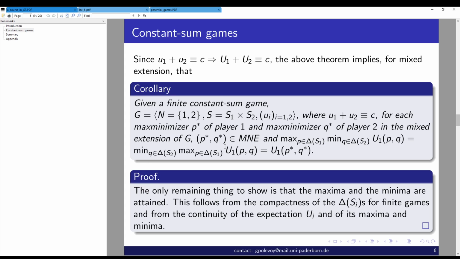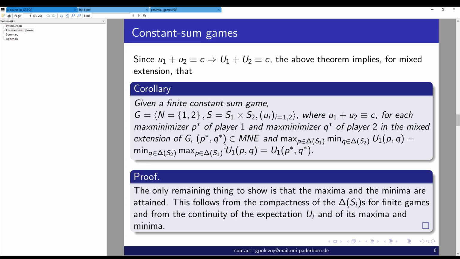Since a constant sum game is necessarily also constant sum with the same constant when we look at its mixed extension, because convex combinations of the same value will be the same value, the above theorem can be applied to the mixed extension, where we know that a Nash equilibrium always exists, and then we are going to give the following.